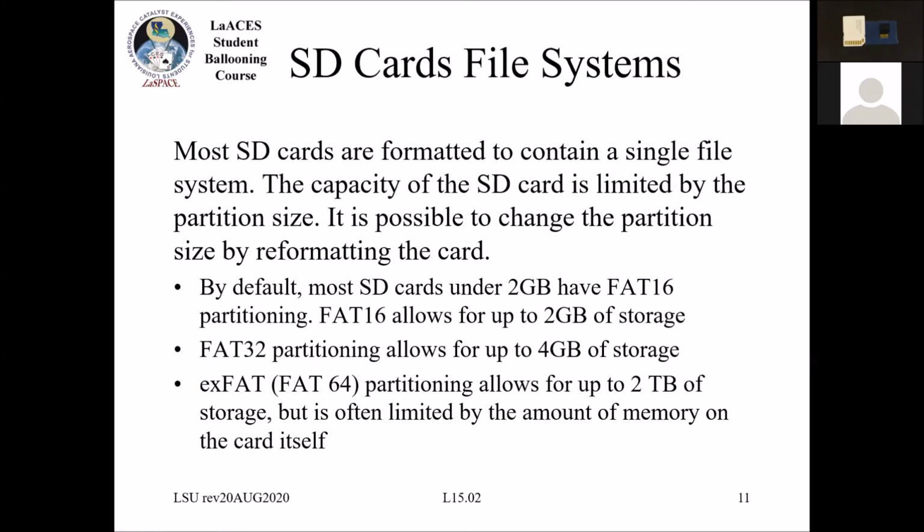One of the file systems is called FAT16. That stands for File Allocation Table, and the 16 means that it uses 16 bits of addressing. Because you only have so many addresses in those 16 bits, you are limited to a certain number of storage locations.